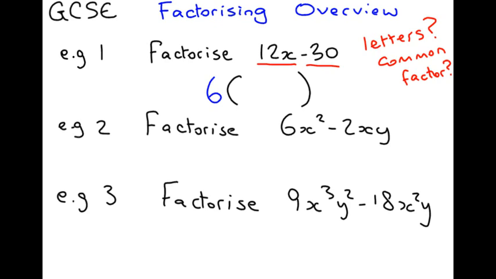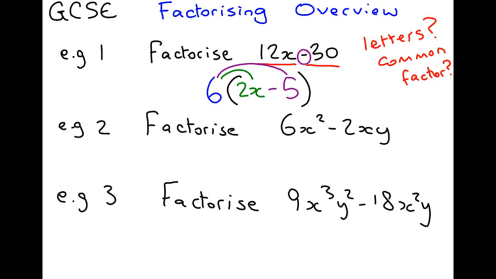Now we think, what would we have to times 6 by to get 12x? Okay, and the answer is 2x. And then you think, what would you have to times 6 by to get 30? And the answer is 5. Notice you want minus 30, so there's a minus there. That's your answer.